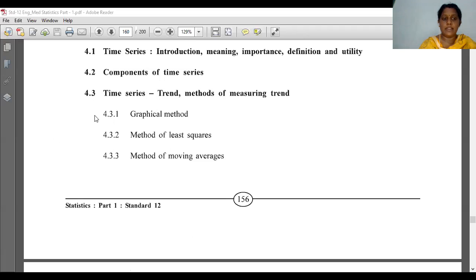Three methods are there: one is the graphical method, then the method of least squares, then the method of moving averages. So these are the three methods that we are going to study in time series.